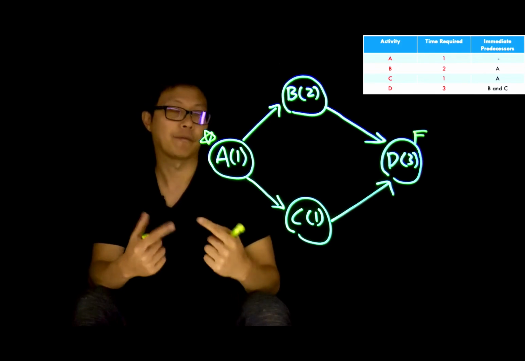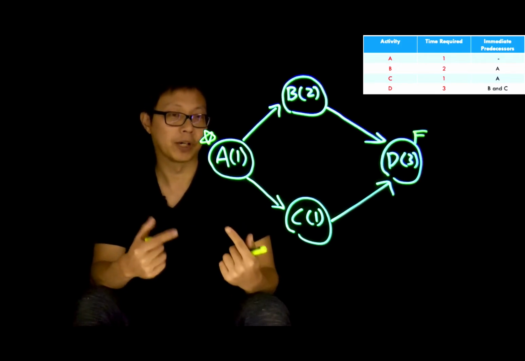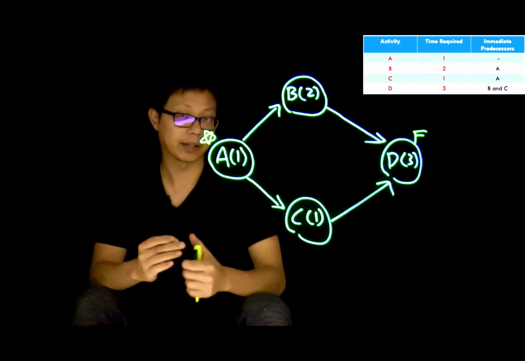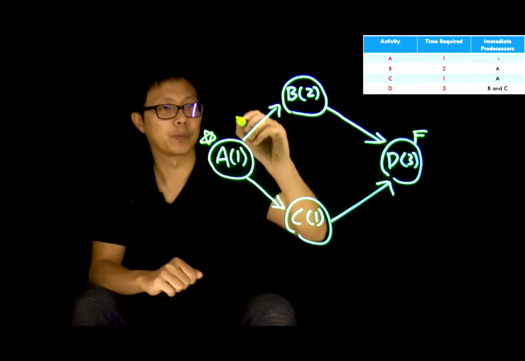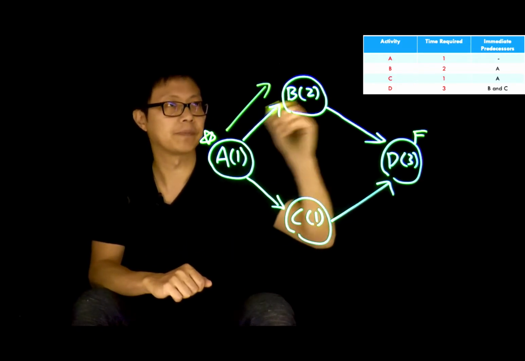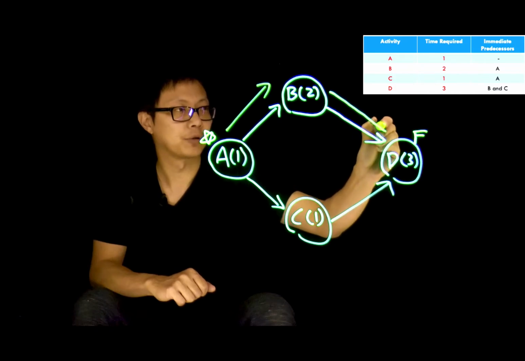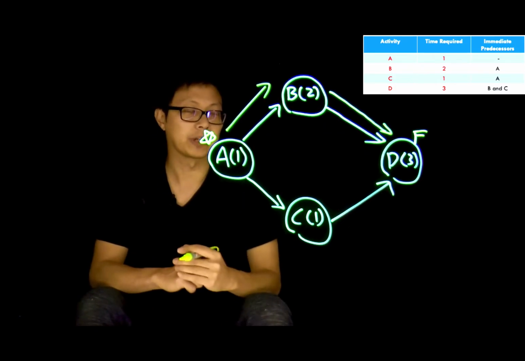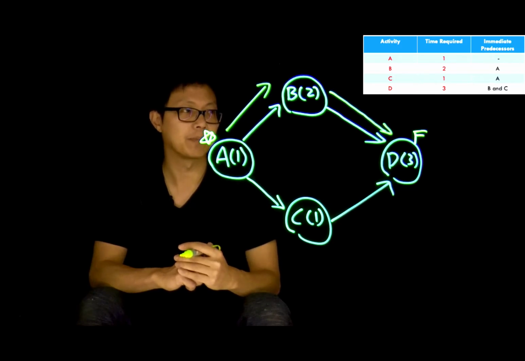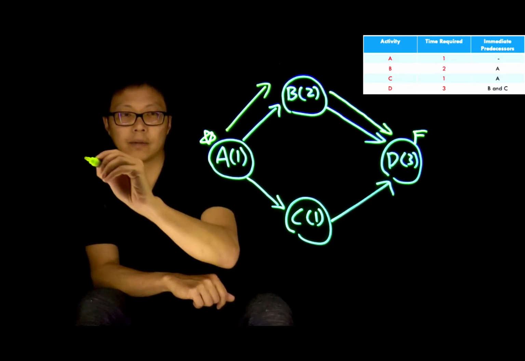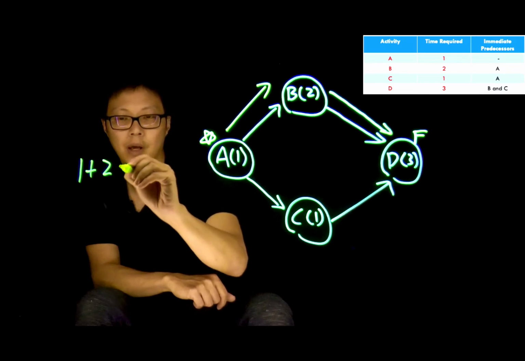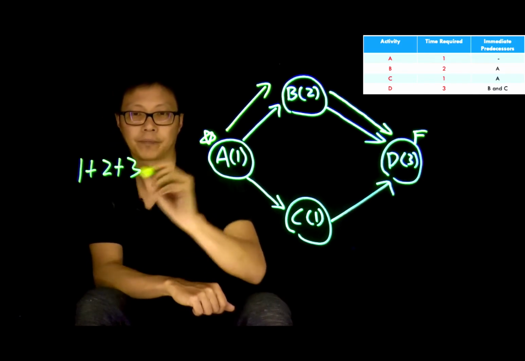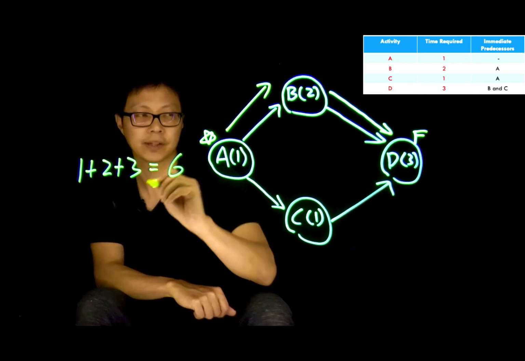So we will have 2 possible ways for us to start from A and end in D. The first route will be from A to B, then from B to D. And we know the total time it will take us to finish A, B, and D will be 1 plus 2 plus 3. And the total time will be 6.